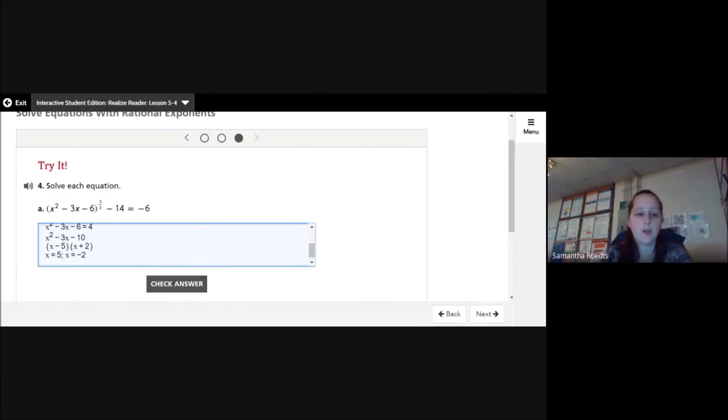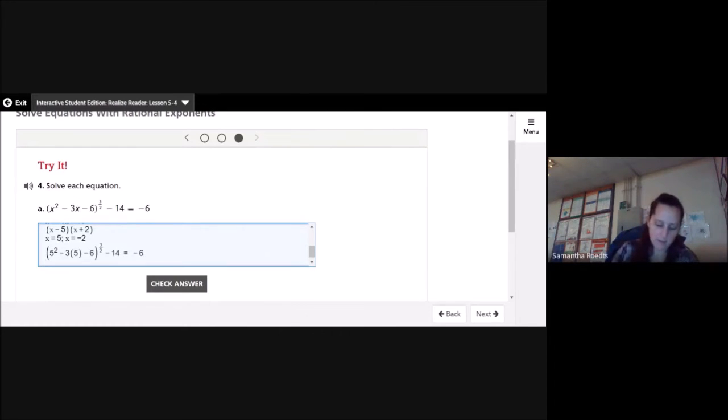I double check for extraneous solutions. So I have 5 squared minus 3 times 5 minus 6 raised to the 3/2 power minus 14. That equals 6.